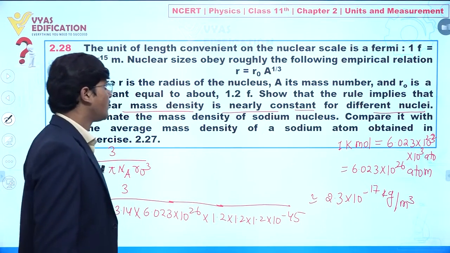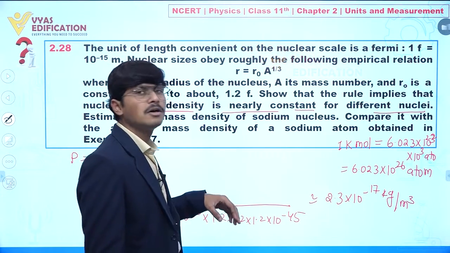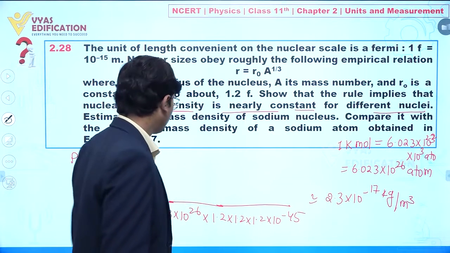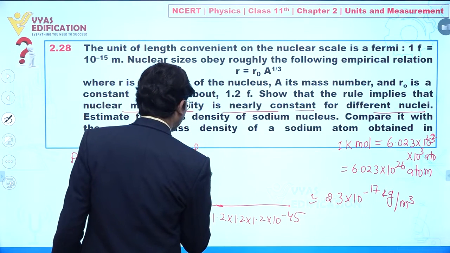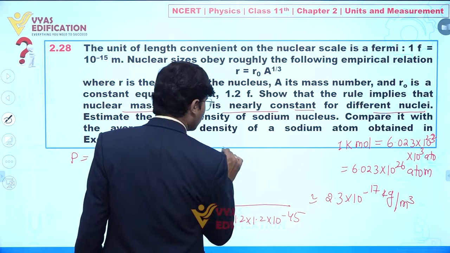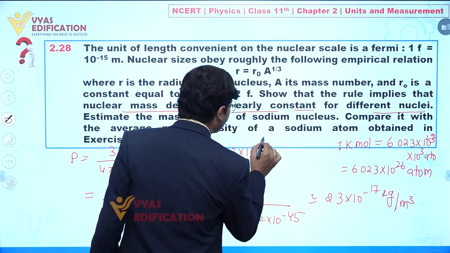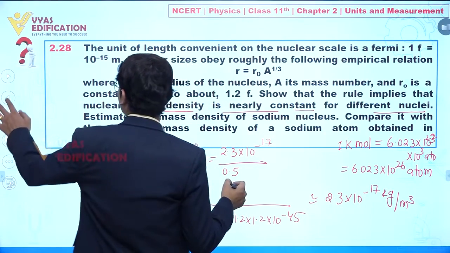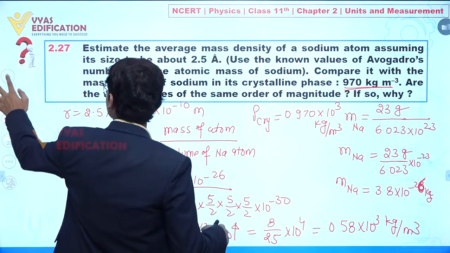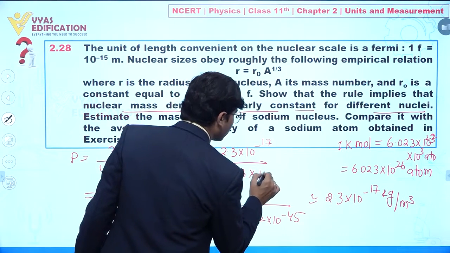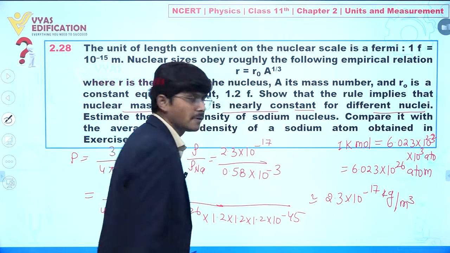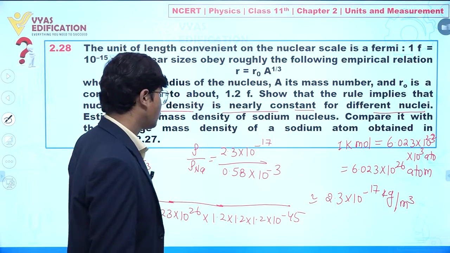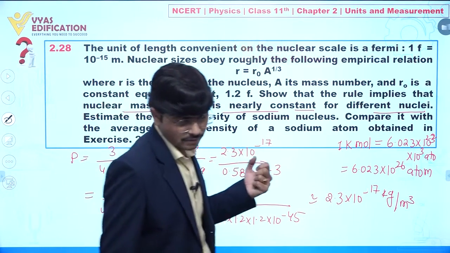Clear? Now if we compare this density with the density that we obtained in the previous question, you will find rho divided by rho Na is equal to what? 2.3 into 10 to the power 17 divided by 0.58 into 10 to the power minus 3, which we obtained here.